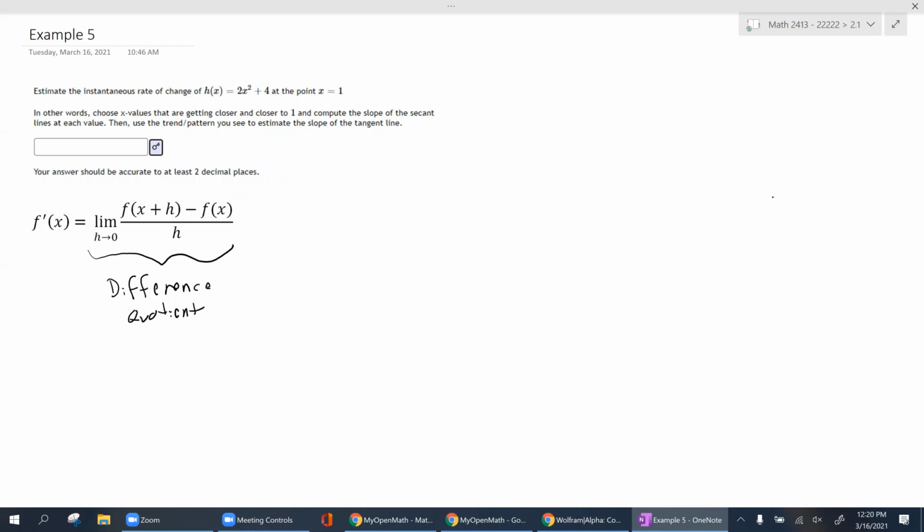So let's find out how we do this. The first thing you're going to want to do is use this formula, and we're going to be focused on the top two parts.